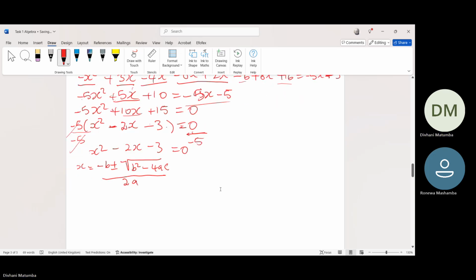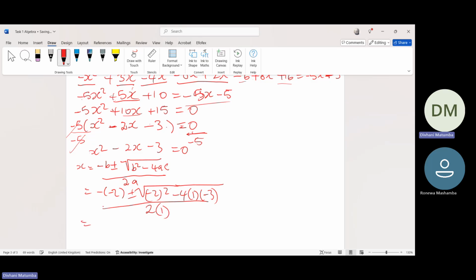Yes. So your b is minus 2, plus or minus the square root of minus 2 squared minus 4ac. Your a is 1 and your c is minus 3. So all over 2 times a, which is 1.